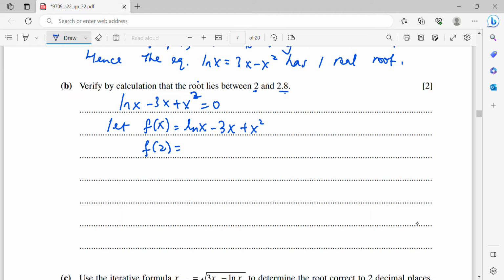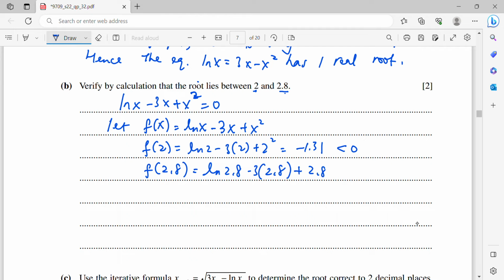So f(2) is ln 2 minus 3 times 2 plus 2 squared. And the value is negative 1.31, which is less than 0. The next is f(2.8), which is ln 2.8 minus 3 times 2.8 plus 2.8 squared. And this value is 0.470, which is greater than 0.